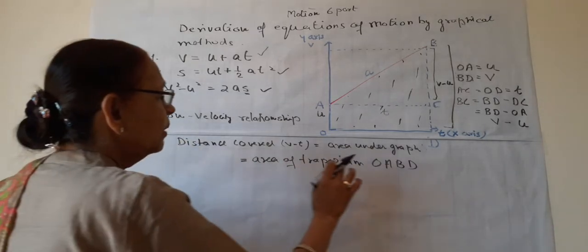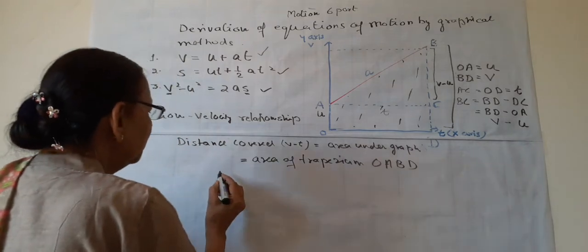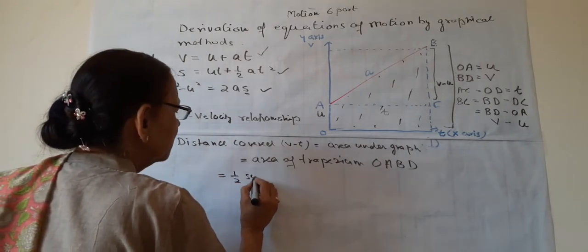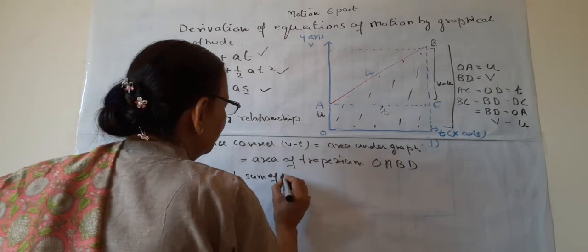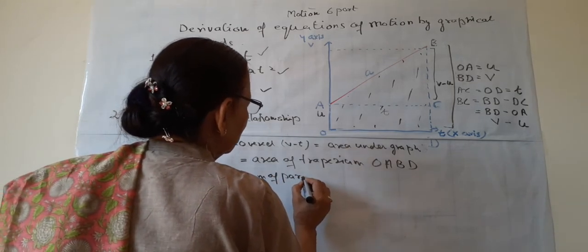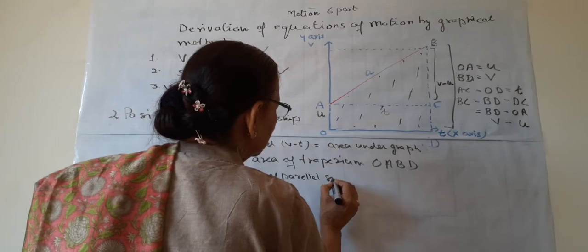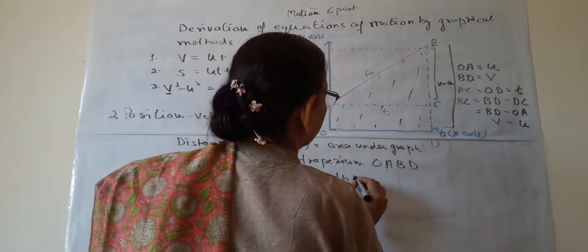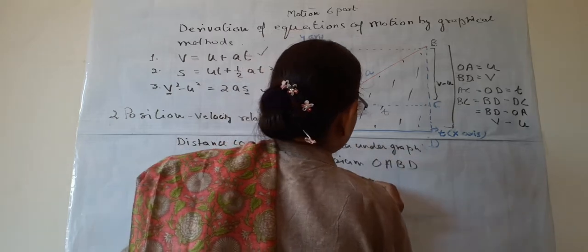Now what is the formula for the area of a trapezium? It is half the sum of parallel sides into the distance between them.